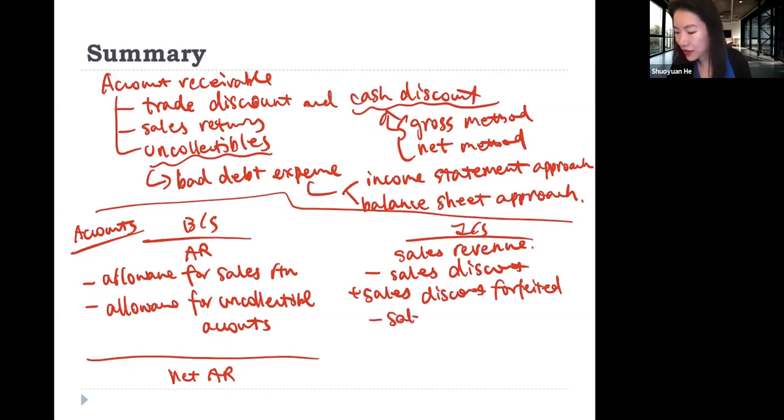And then sales returns. This is also a contra account to sales revenue. And your sales revenue minus sales discount plus sales discount forfeited minus sales return will give you your net sales revenue. And after that, bad debt expense is an expense account.